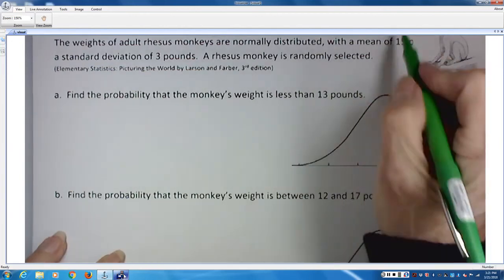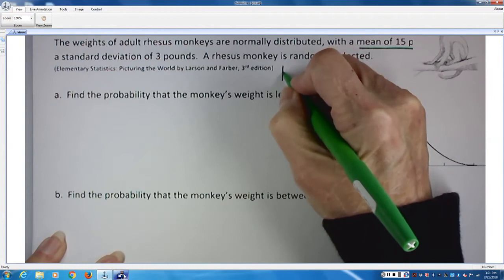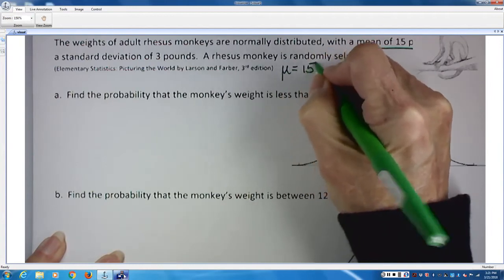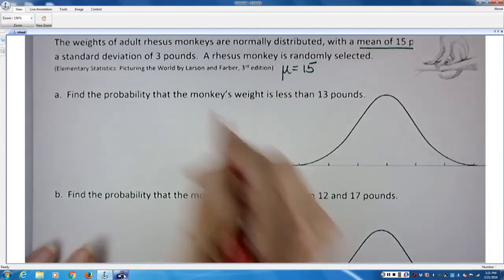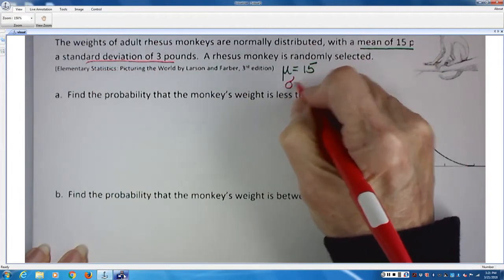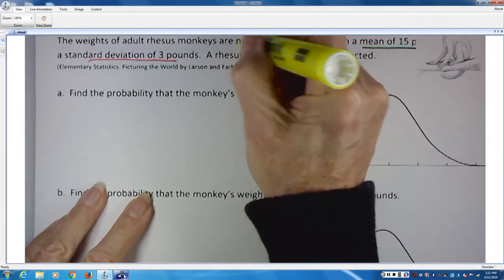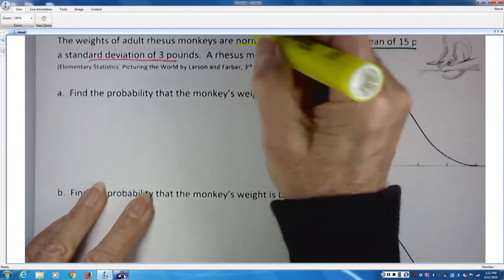So we've got a mean. And we have a standard deviation. And we have the information given to us that they will be on a normal curve. They're normally distributed.